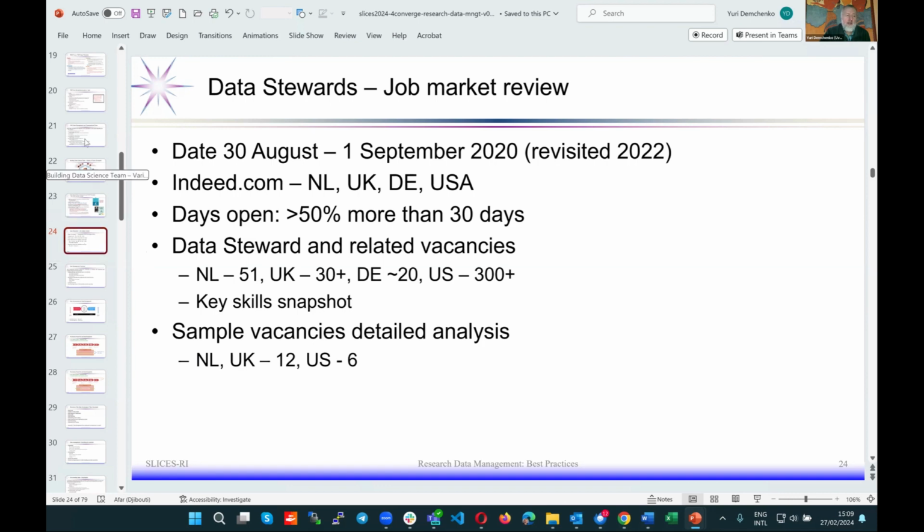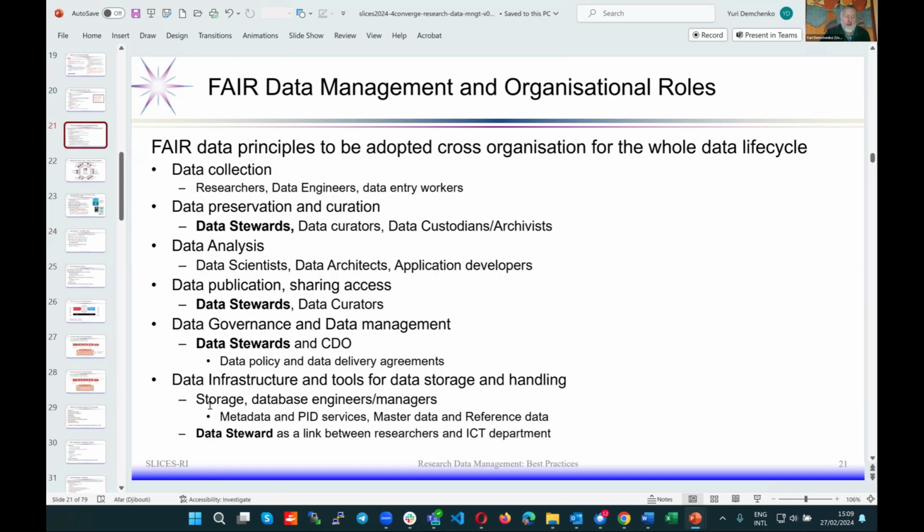And why is this aspect included? The data steward works with data infrastructure. The data steward provides requirements on behalf of researchers to the data ICT department: which tools to develop, how data is managed, and so on.